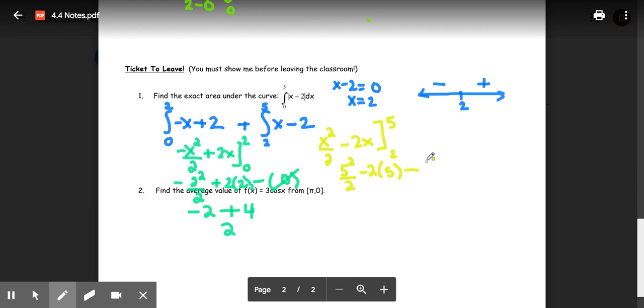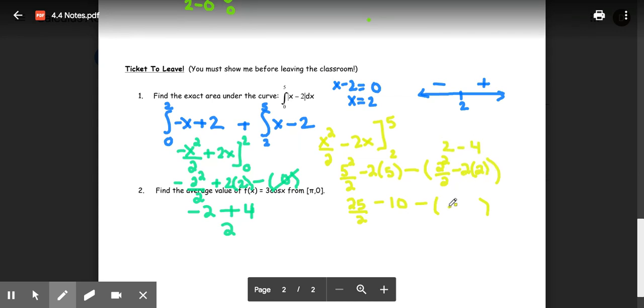Then we subtract. Use parentheses now because we subtract the quantity. Now I take 2 and plug it in. So I get 2 squared over 2 minus 2 times 2. We have to just take our time figuring this out. So you get 25 halves minus 10, and then minus, let's determine what the number in here is. 2 squared is 4, divided by 2 is 2, and then I'm minusing 4.